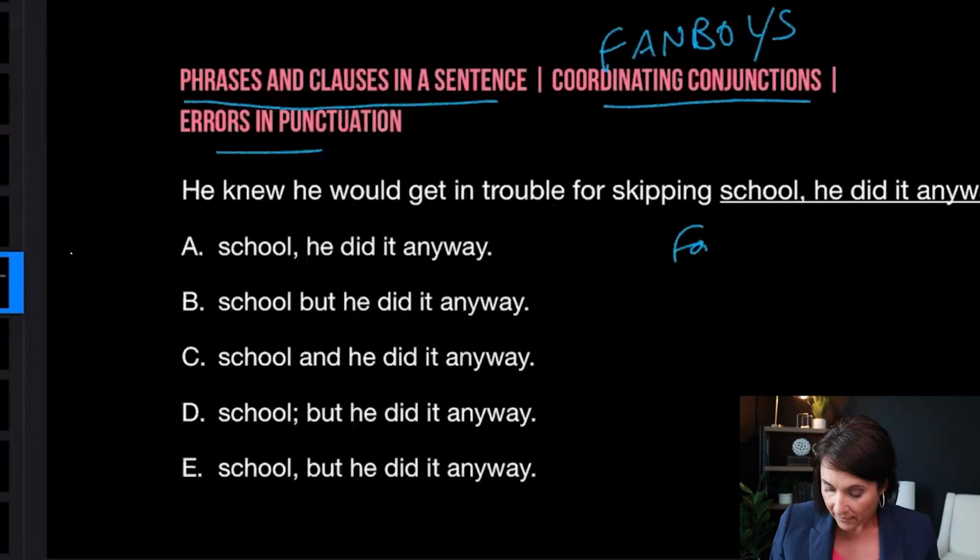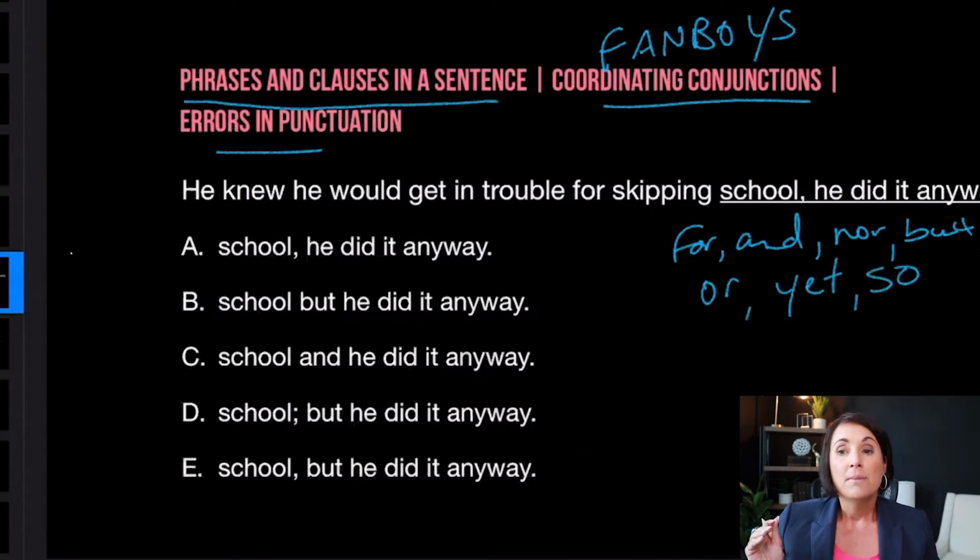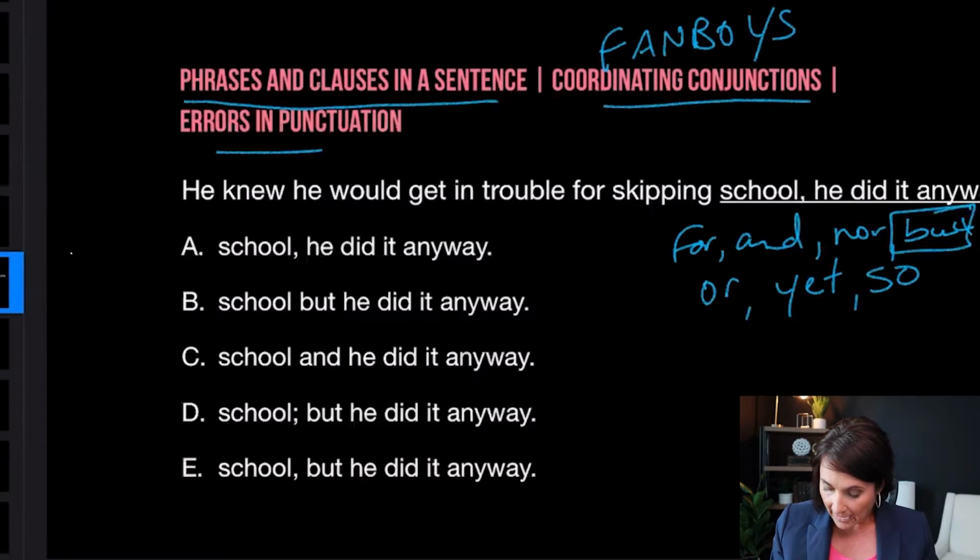So fanboys stand for for, and, nor, but, or, yet, and so. Most of the time on this exam, the fanboys that you're going to see are but, and probably a little bit of so, and maybe a little bit of or, maybe a yet. You probably won't get for or nor, all right? So these are the ones you're going to see, and you're going to see it in this question here.